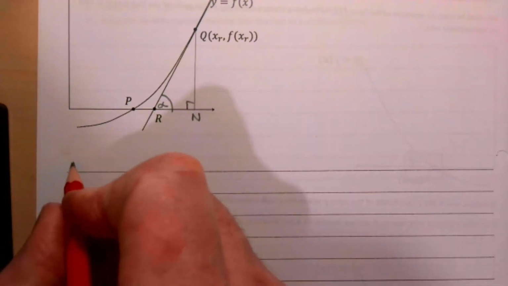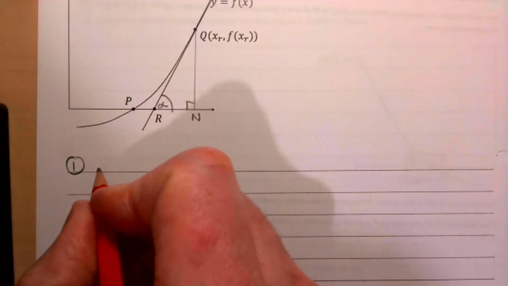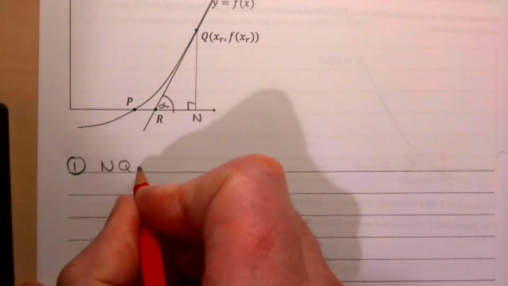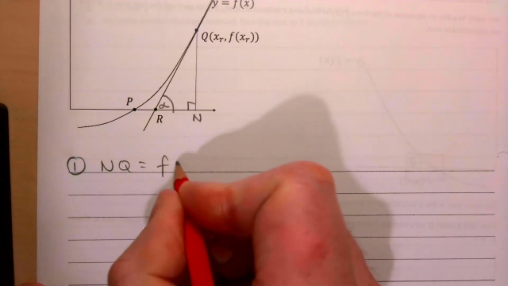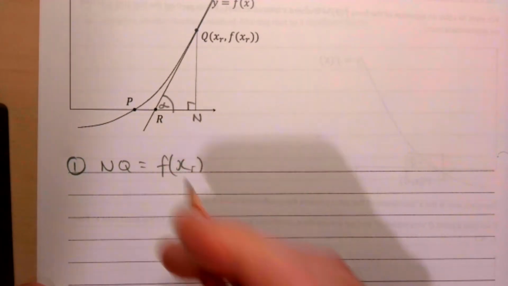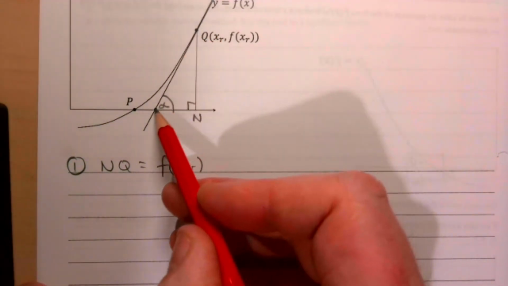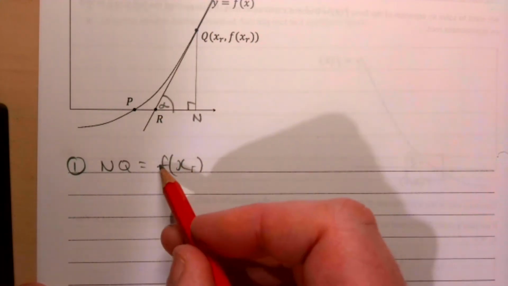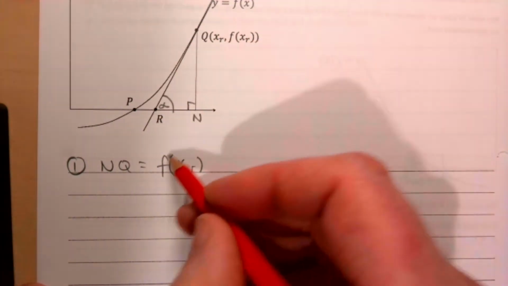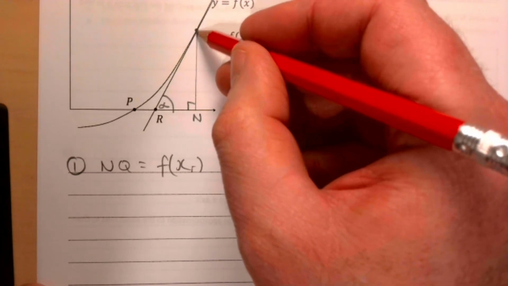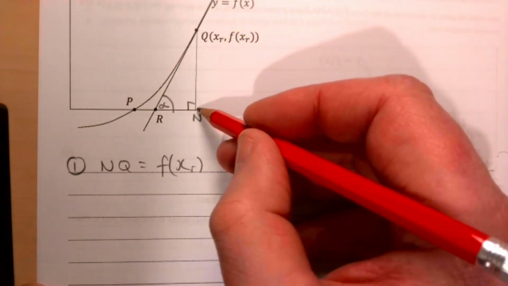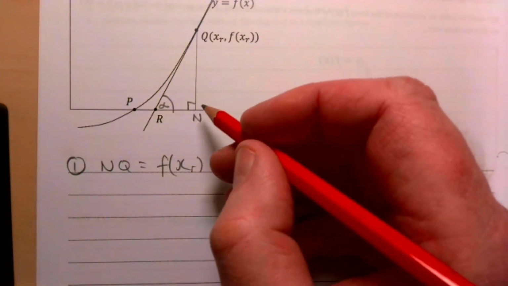We know firstly that NQ is equal to f(x_r). So here is our point as we bring it down. f(x_r) is the y-coordinate of this point here. Hopefully we're okay with that.